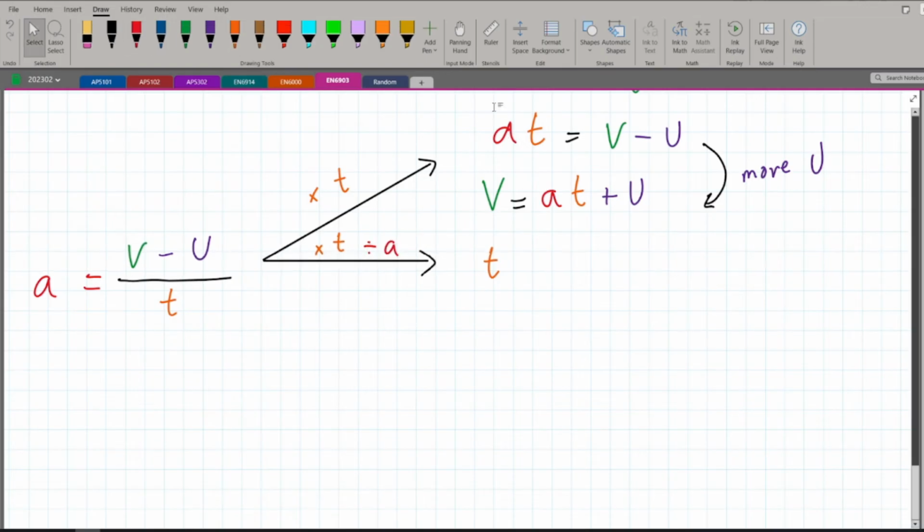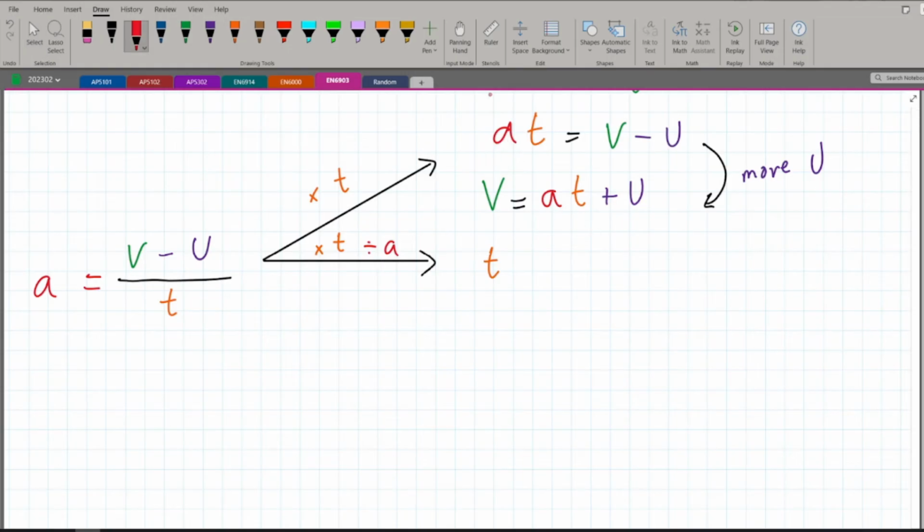If you notice in the first equation, when we multiplied by time, we got at is equal to v minus u. Once we divide by acceleration on both sides, we cancel acceleration here, and this is going to be equal to v minus u over the acceleration.